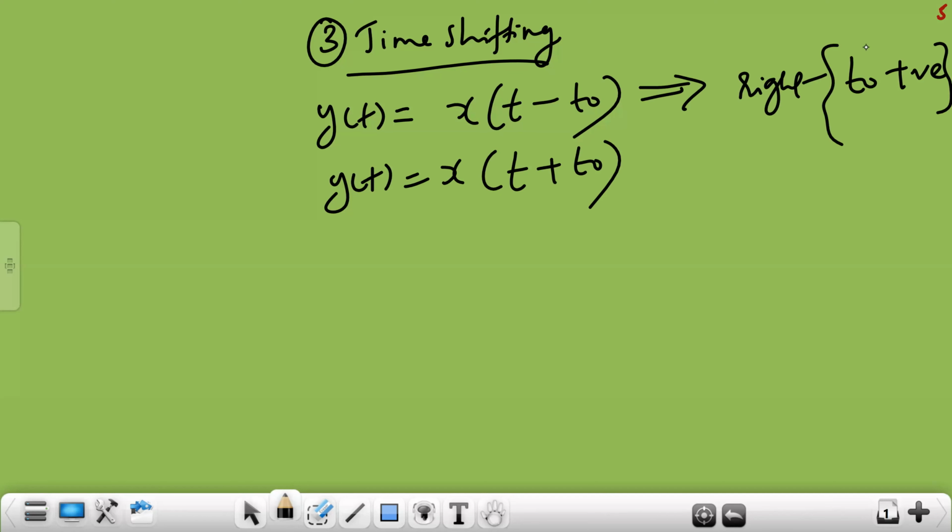Similarly, x of t plus t naught will shift left if t0 is negative. Basically this is x of t minus t naught; when t0 becomes negative, the equation becomes x of t plus t0, and in that case the signal will shift left.